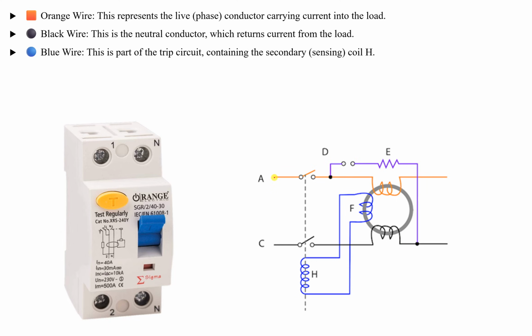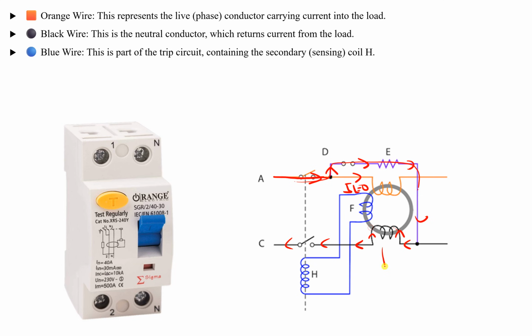The current flows like this. Now you can see the current IL equal to 0, right? No current flowing here. IL equal to 0. And the total current here will go like this and return back here.